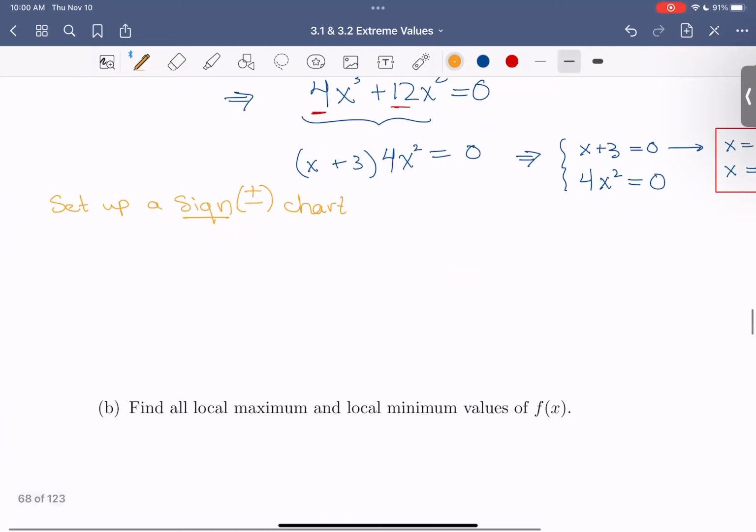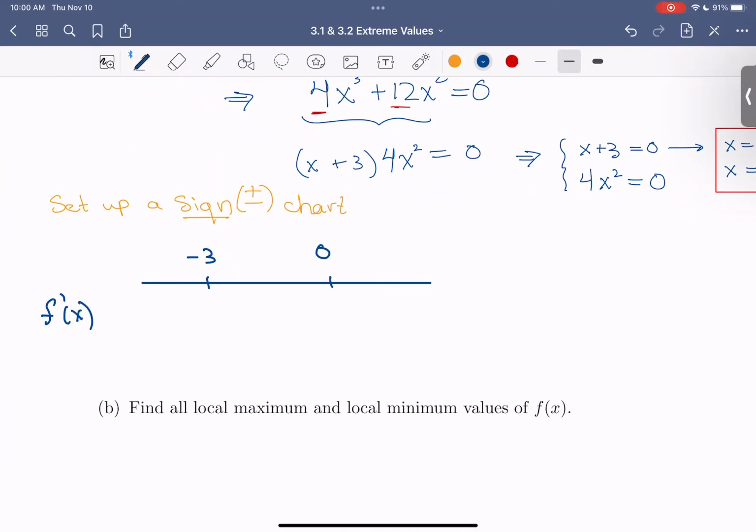What does that look like? I want to create a table where I label my 2 places where the derivative is 0. Then I want to look at the sign of the derivative in between -3 and 0, and on either side.